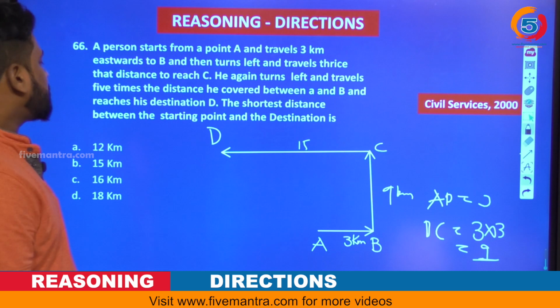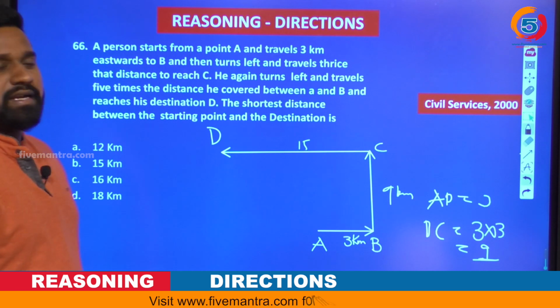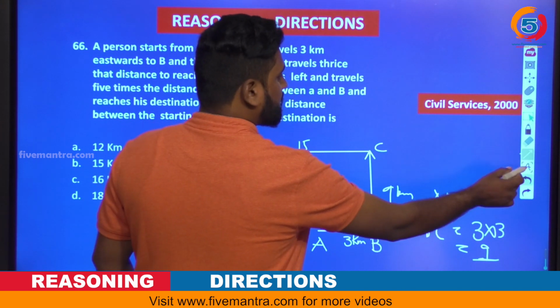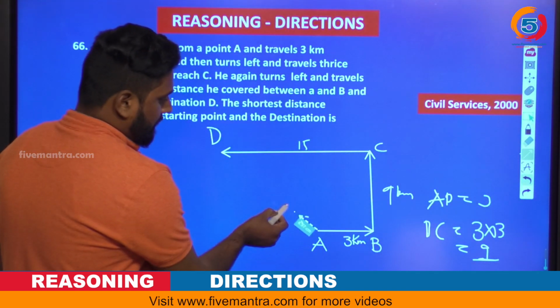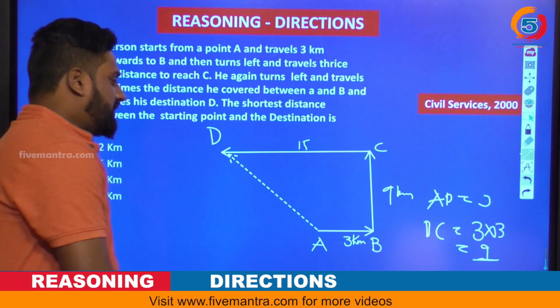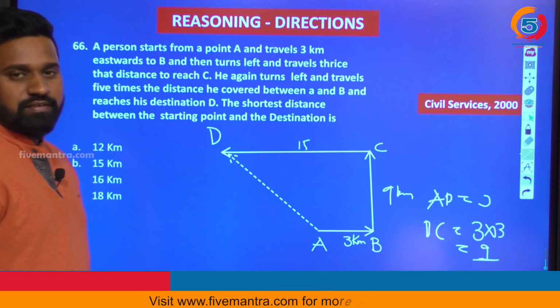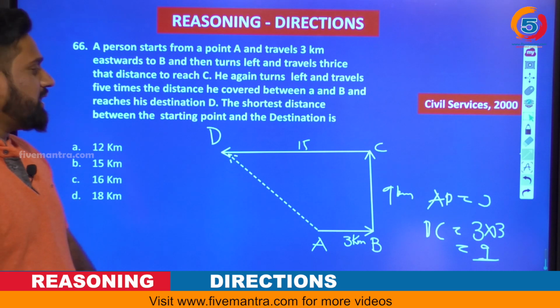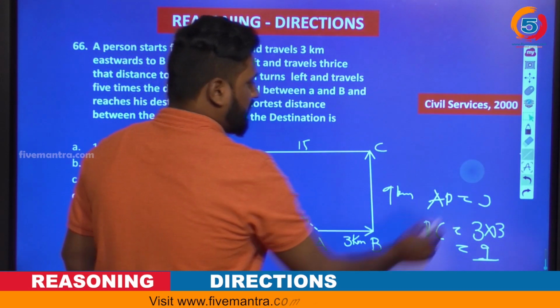The question asks for the shortest distance between the starting point and the destination. Observe, you have to find the distance between A and D. So how can you find it?